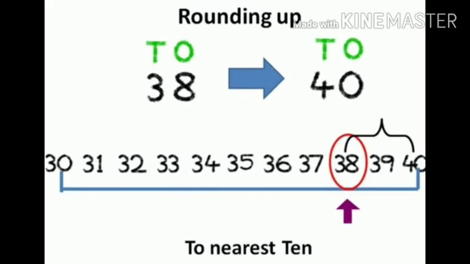When the digit at ones place is 5 or more, we round up, meaning the tens digit is increased by 1 and the ones digit becomes 0. As for example, in 38, the ones digit is 8, which is greater than 4. So, 38 is rounded up to 40. Hence, we increased the tens digit by 1 and set the ones digit to 0.